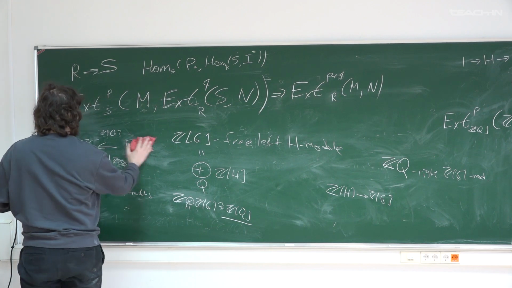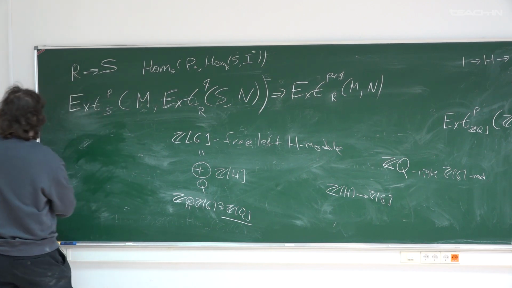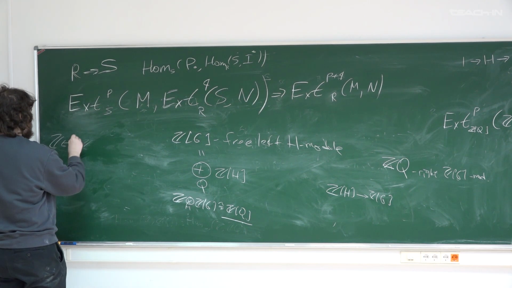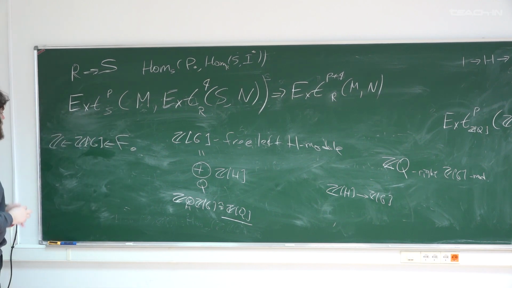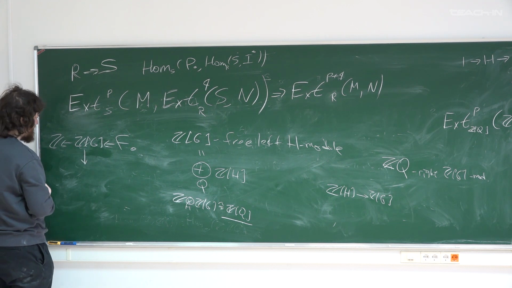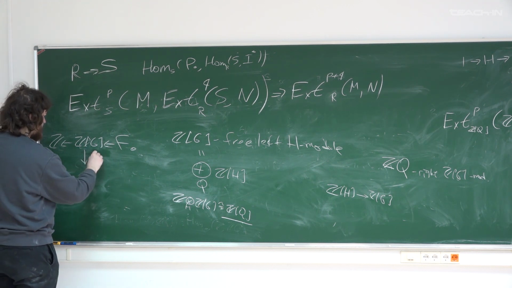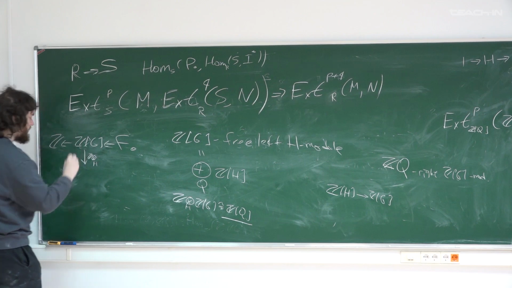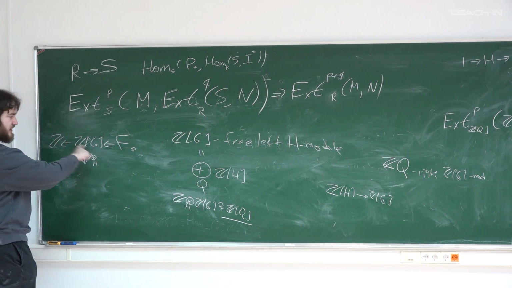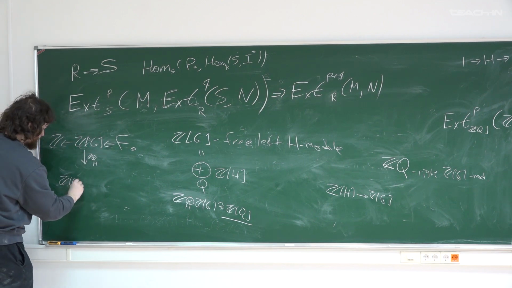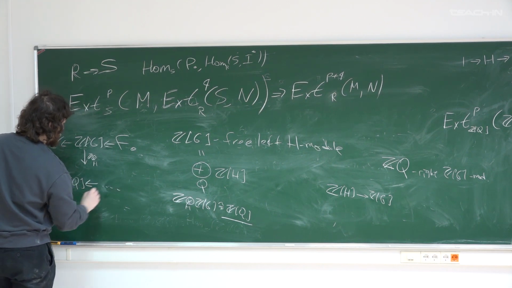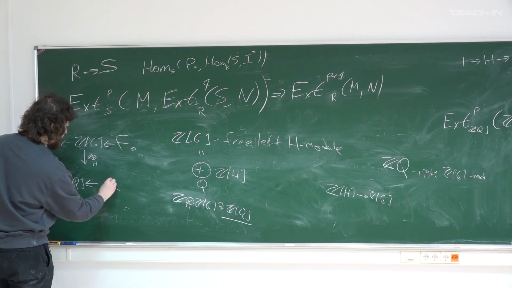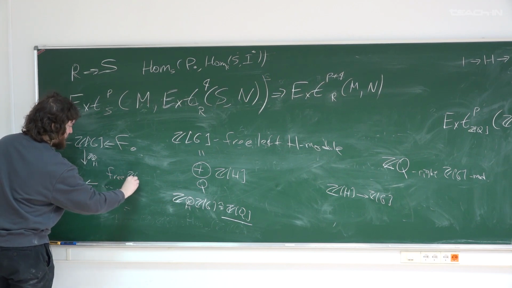Just one second. I just consider my free resolution, which starts with ZG and then other free terms. Then I apply tensor with Z over H. I obtain exactly ZQ, and then some free ZQ modules.